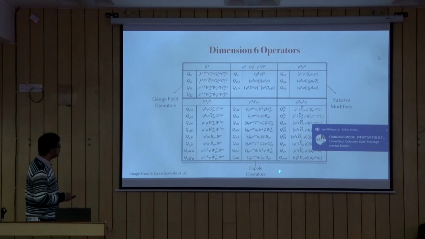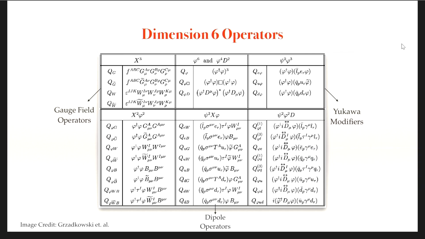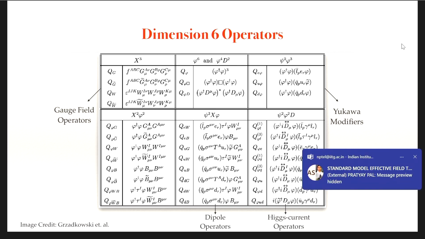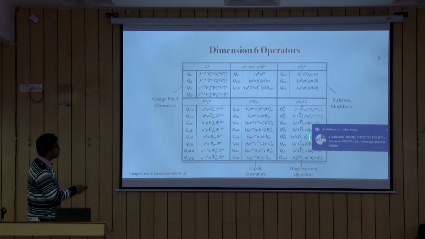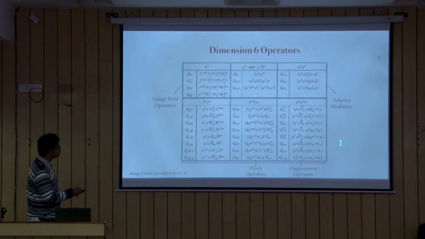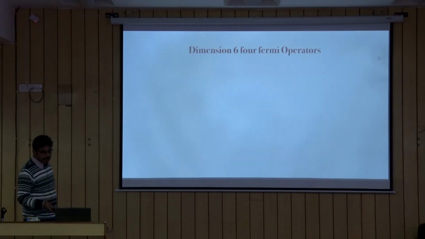Then you have dipole operators, with the inclusion of sigma mu nu. You have the Higgs current operators, with phi tilde dagger D mu phi times u bar gamma mu d R, and you can do the same with all the other doublets, not only the left-handed doublets but also the right-handed singlets.